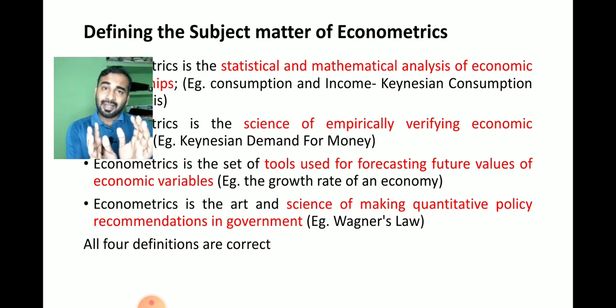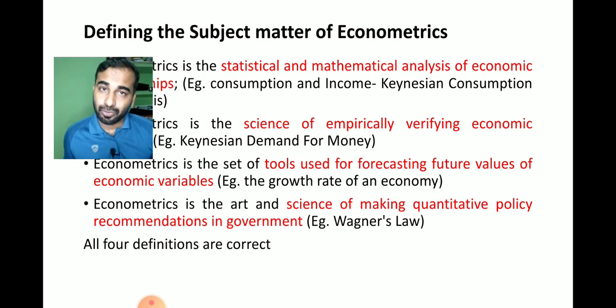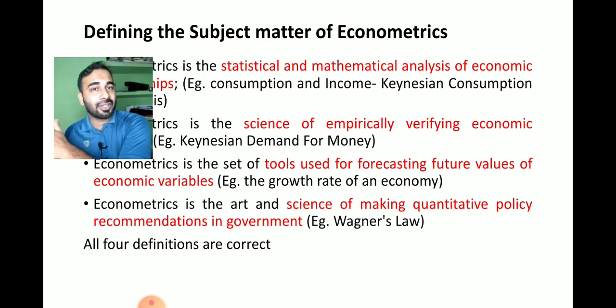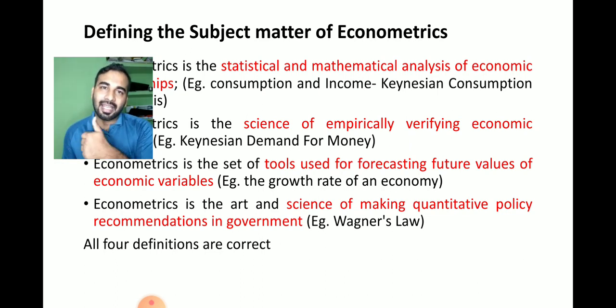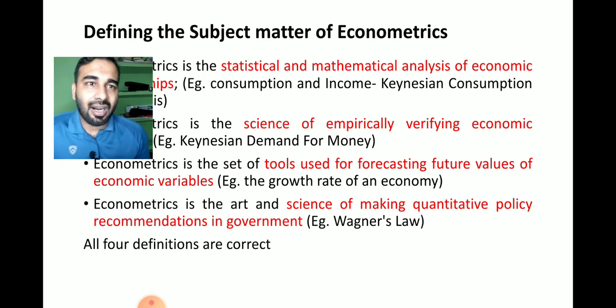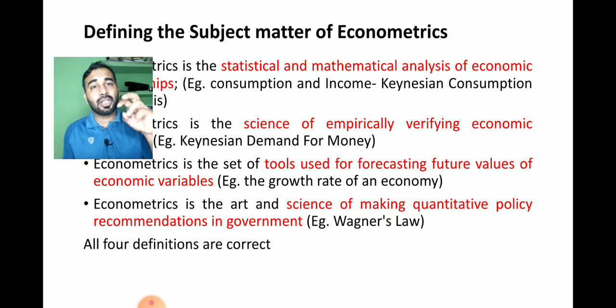So forecasting or prediction is done by econometric tools. Forecasting an economic variable is a subject matter of econometrics. Clear? Yes. The last one: econometrics is the art and science of making quantitative policy recommendations to the government.